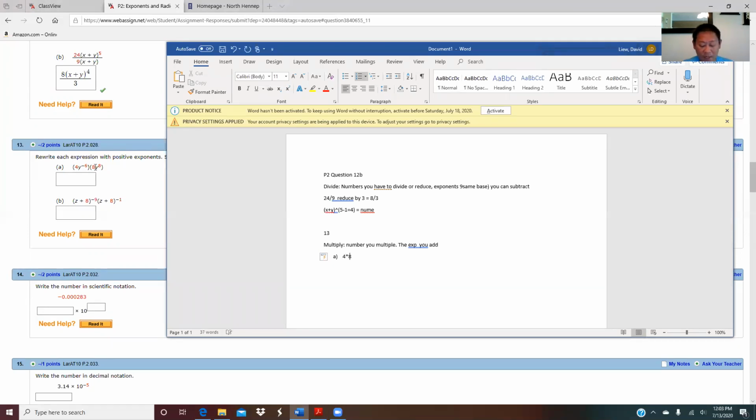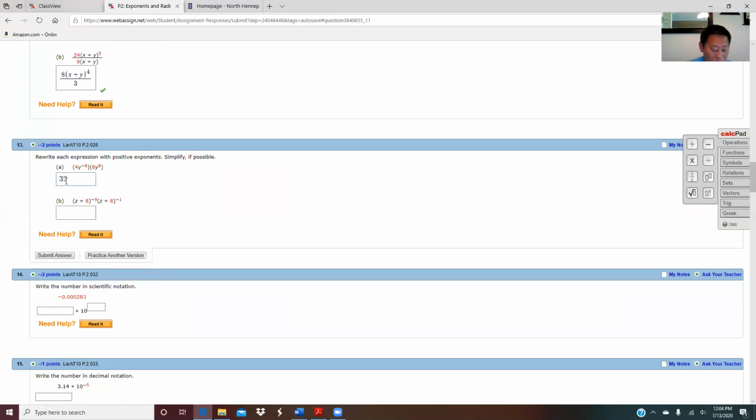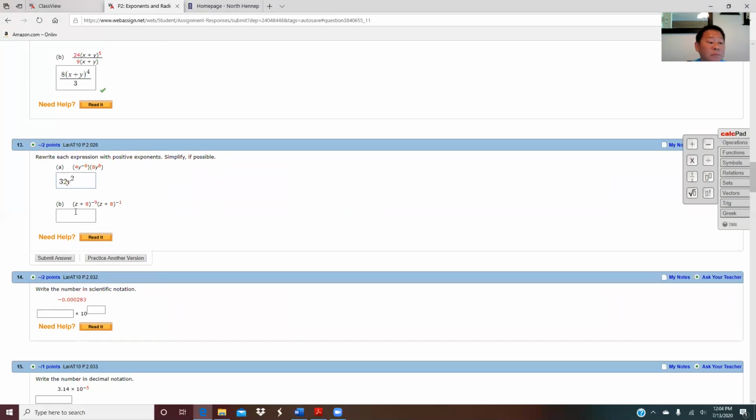So 4 times 8 gives us 32. For your exponents, you add them. So y is going to be to the power of -6 plus 8, which gives us 2. So your answer will be 32 y to the power of 2.